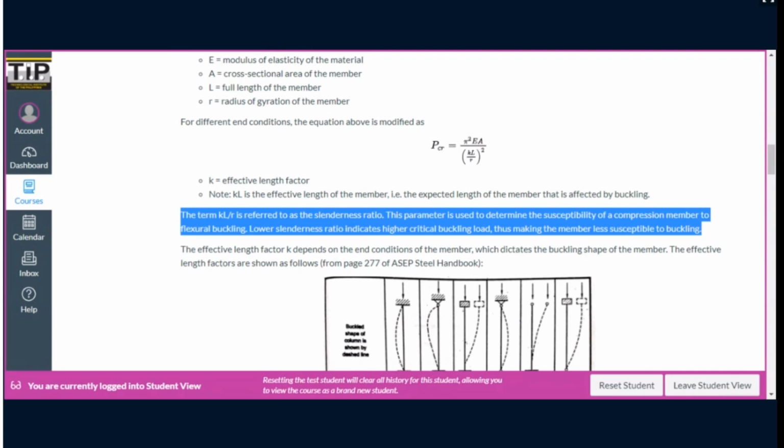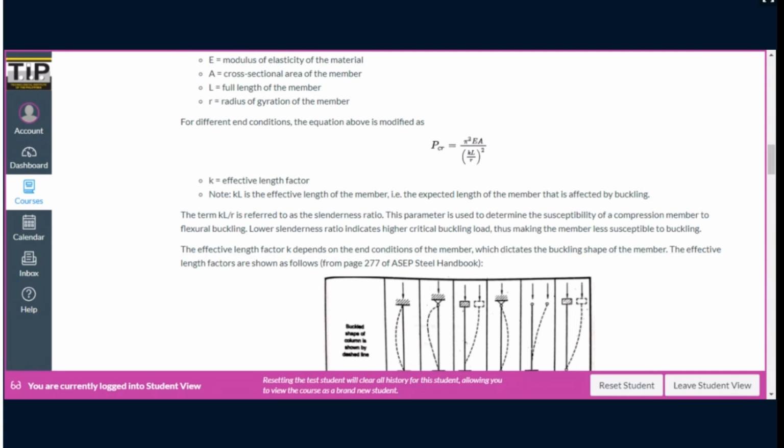Conversely, kapag mataas yung slenderness ratio, it indicates lower critical buckling load. So based on this formula, the member is more susceptible to buckling. Okay, so that's one parameter that we use to evaluate the susceptibility of a column to buckling.